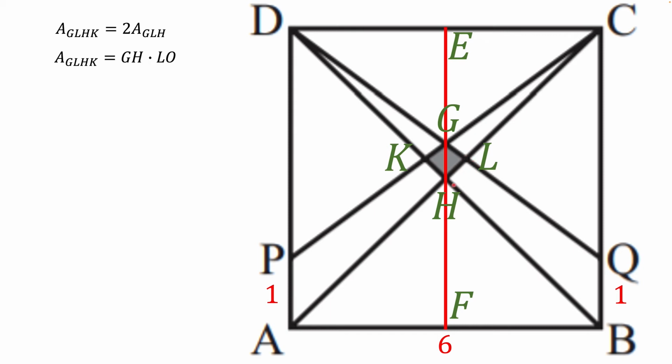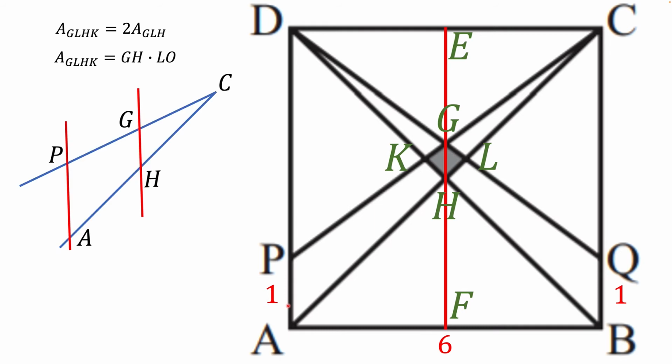Now what we need to look at is this angle, PCA. That angle is split across by two parallel lines. One of them is that red line, the other is this side of the square, AD. Okay? So it's going to look like this, and we already have seen this arrangement.